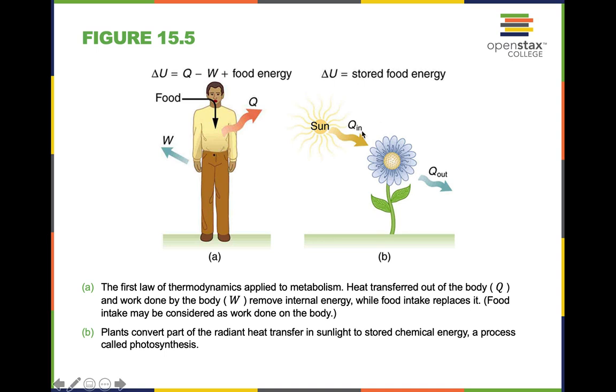So heat coming in and heat going out. And here we see the total internal energy. You have Q going out, and the work done by the body makes W positive. So you pretty much have a negative Q minus W, but we replenish our internal energy with the food energy.